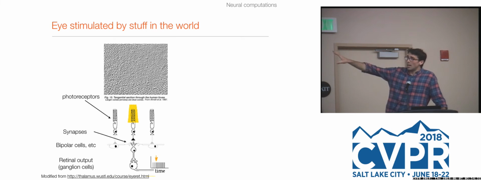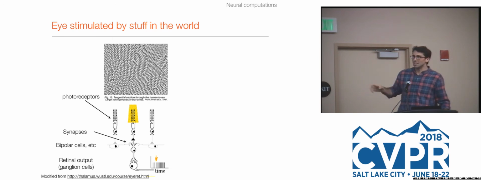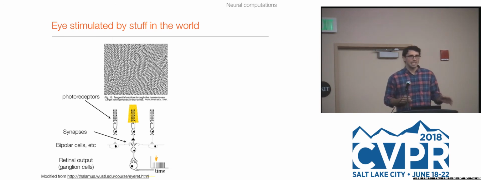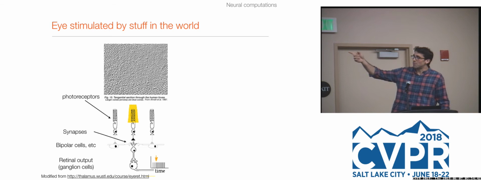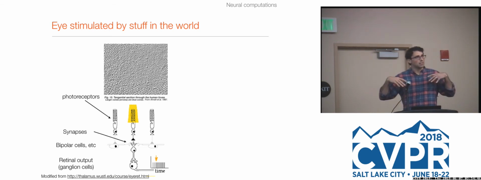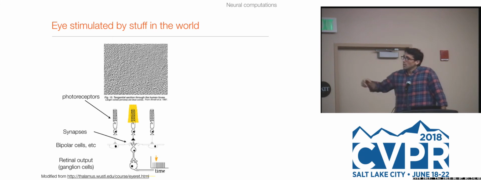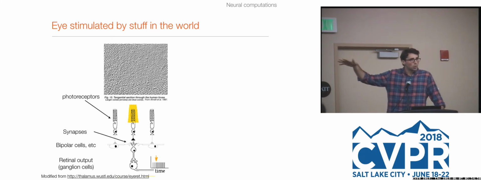So Ali provided a much more intricate overview of that anatomy, but let's just boil that down into three distinct stages. First, there's the photoreceptors, the cones that are going to take in light reflecting from the world. There's these intermediate bipolar cells, horizontal cells, amacrine network, all that stuff is also there, but we're going to ignore that for now.